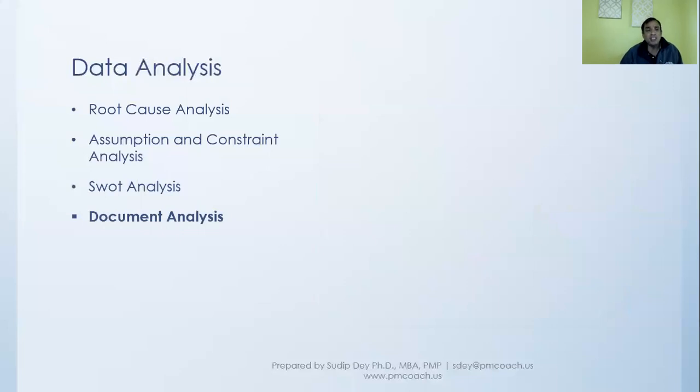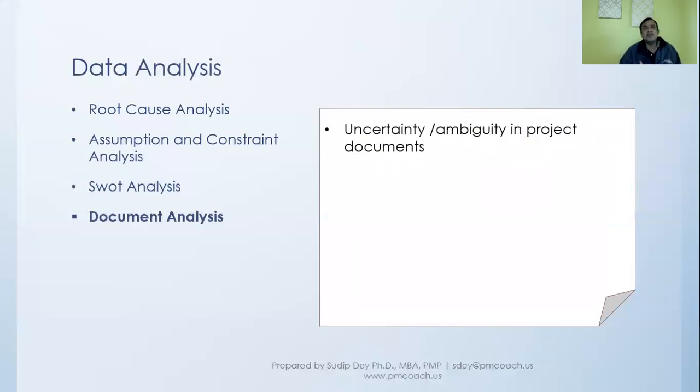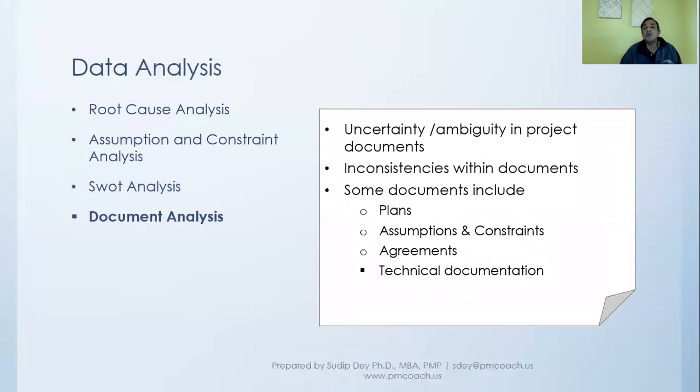Then document analysis is another technique that helps us in identifying risk. Because in many of these documents, as you have prepared them, there might have been some uncertainty, some ambiguity that can give rise to risk, and there might be some inconsistency within documents. So we can look at different documents, for example the plan, the assumptions and constraints, agreements, and technical documentation.